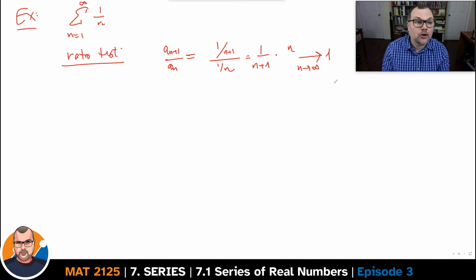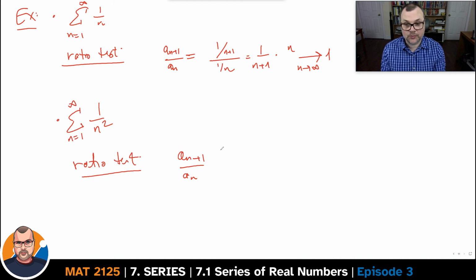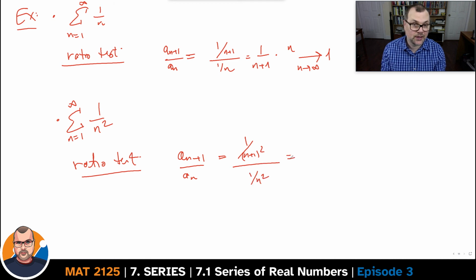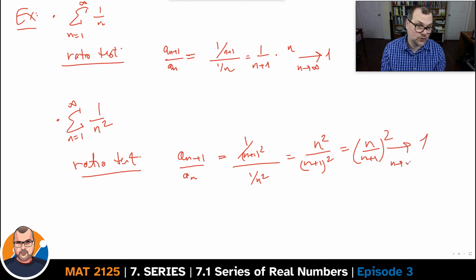Now you might say, well, no, here you've given us the example. Whenever it goes to 1, it's supposed to diverge because the harmonic series diverges when the ratios of successive terms go to 1. Well, what about if you look at 1 over n squared? The ratio of the successive terms would be 1 over (n plus 1) squared divided by 1 over n squared, and that is simply n squared divided by (n plus 1) squared, which is (n over n plus 1) squared, and that also goes to 1 when n goes to infinity.